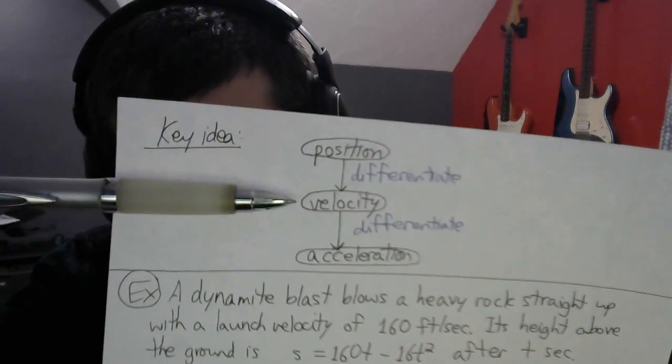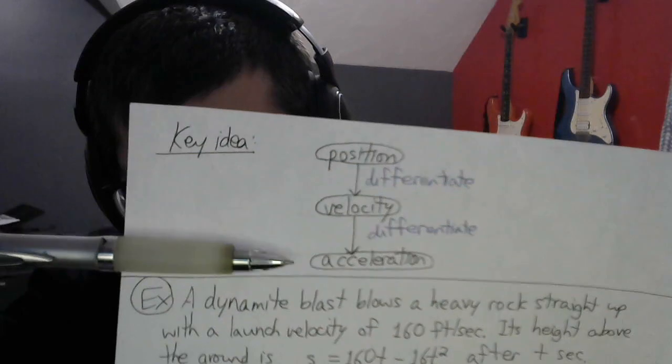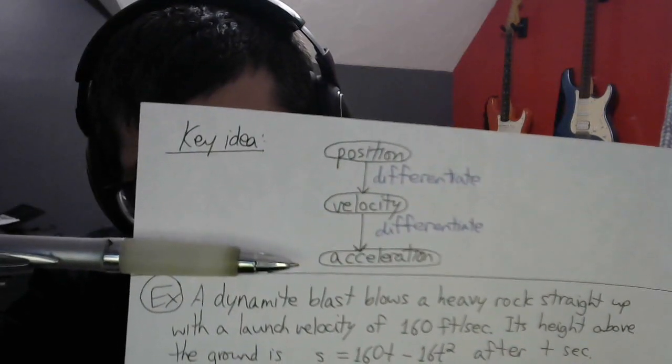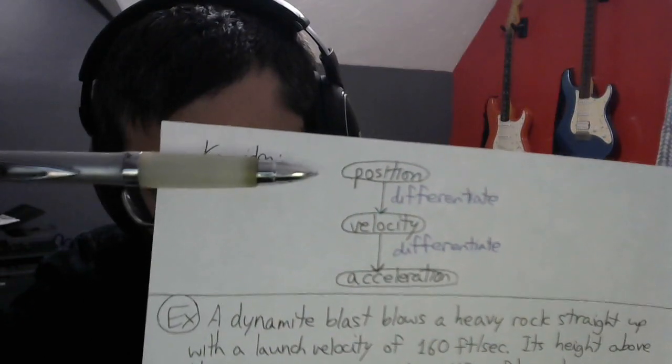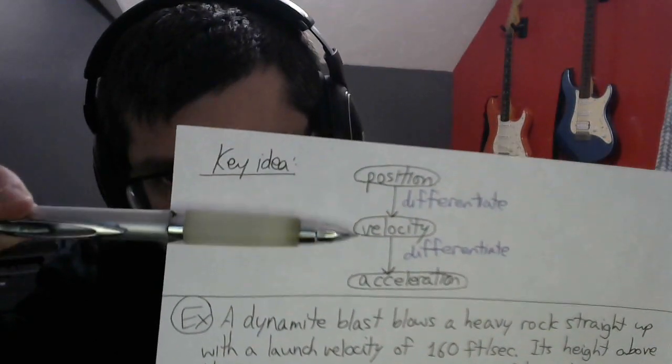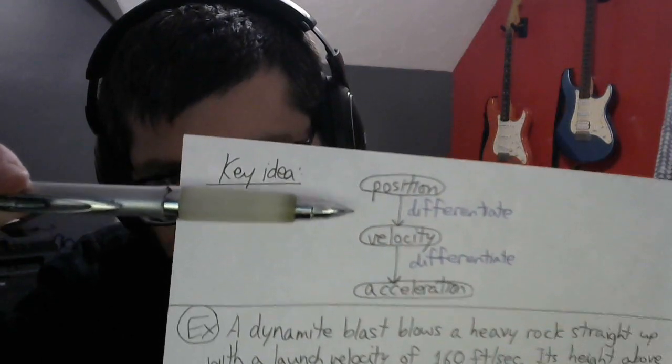You go from velocity to acceleration by differentiating. Here's a question. Is there a way to go back up? Is there a way to go backwards? Like, what if I was given velocity and I wanted to know something about position? Is there a way to do that? It feels like we would need to do something that's kind of like the opposite of the derivative.